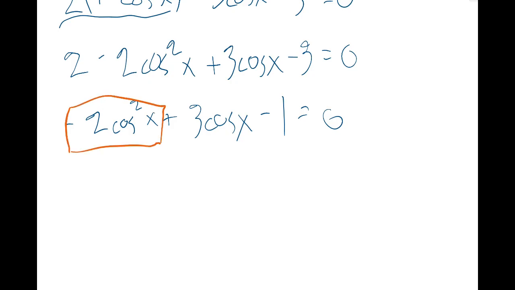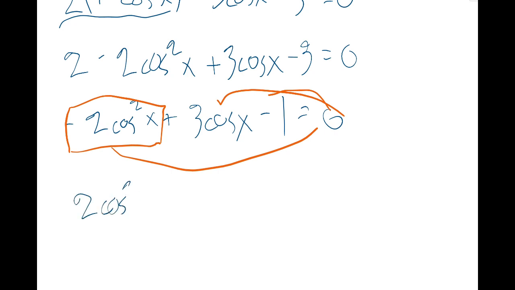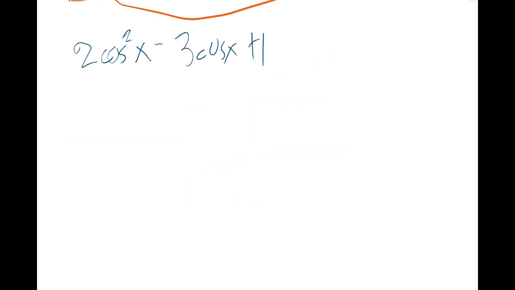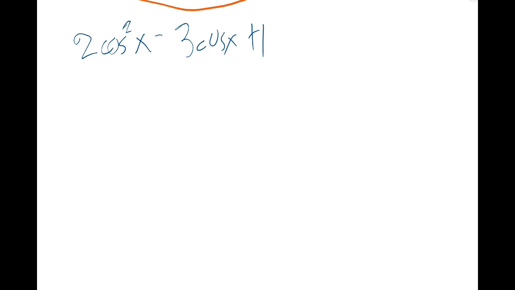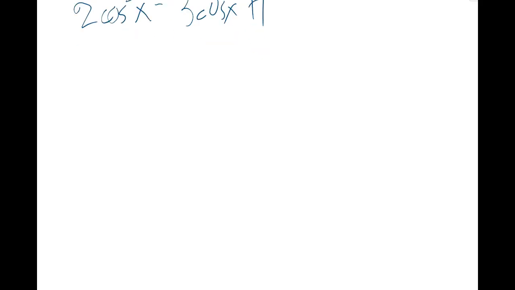So we're going to add this over to this side, add this over to this side, and subtract this. So it's going to end up being positive 2 cosine squared x minus 3 cosine x plus 1 is what we're going to end with. And then, just like the one above, this one is just factoring as well. So we break it into 2 pieces.